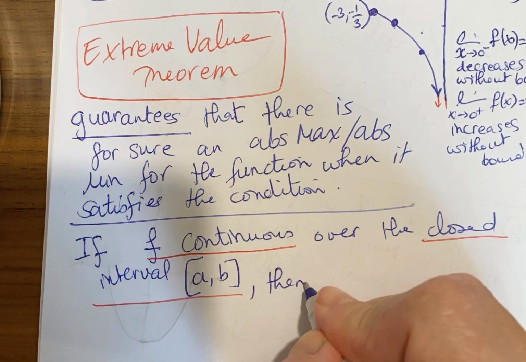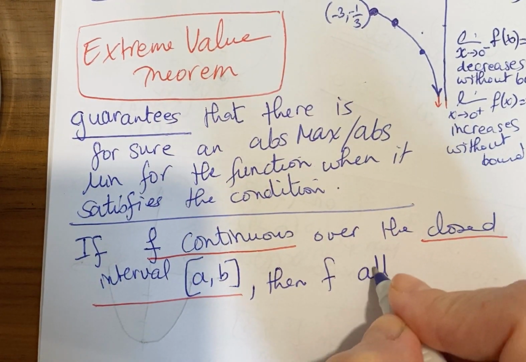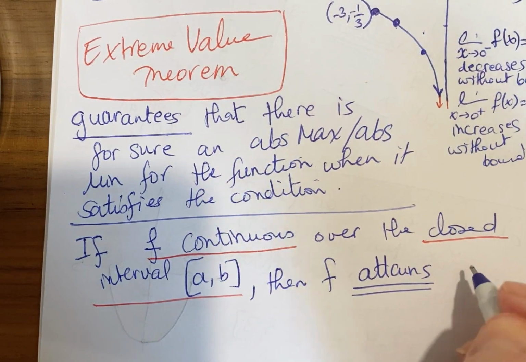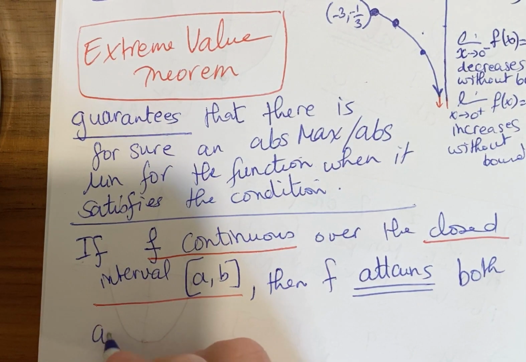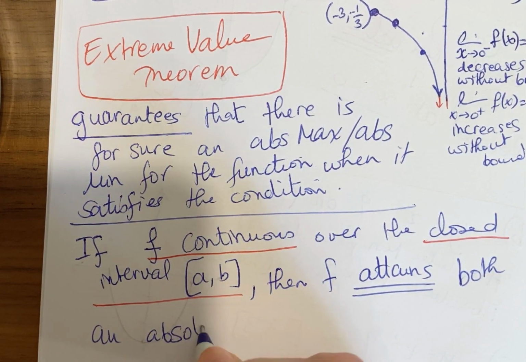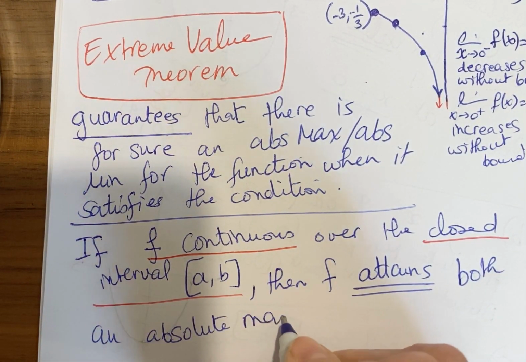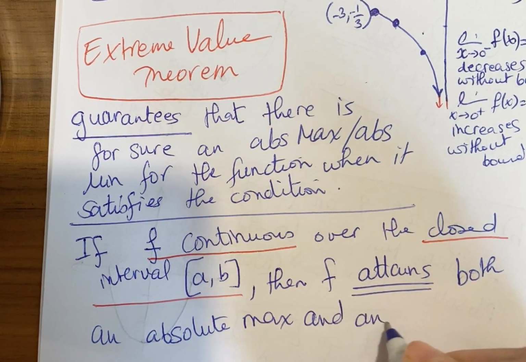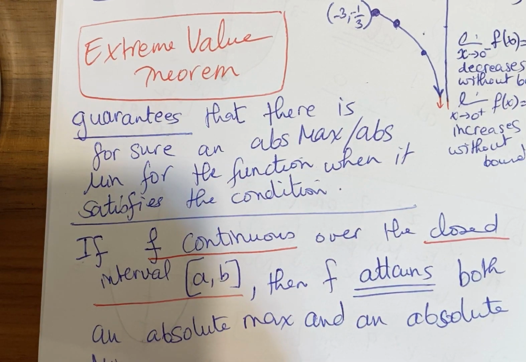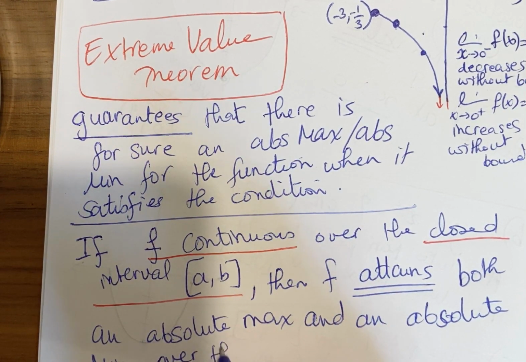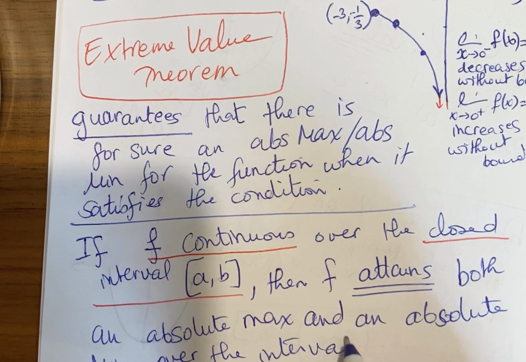Then f attains, meaning it reaches, both an absolute max and an absolute min over the interval [a, b].